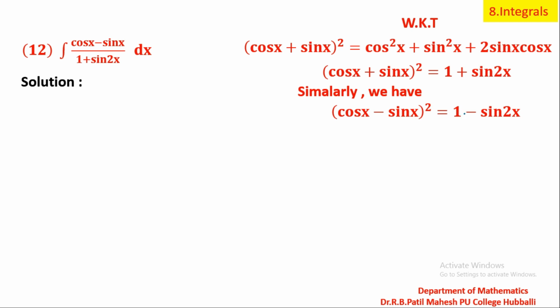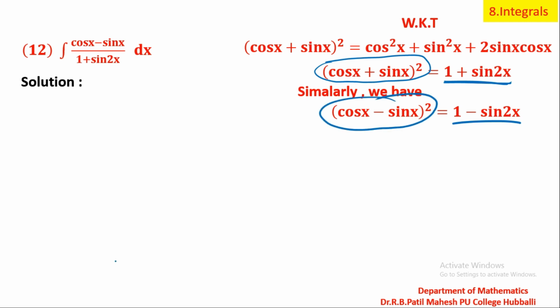So now onwards, add some formulas into your mind. 1 plus sin 2x is cos x plus sin x the whole square. 1 minus sin 2x is cos x minus sin x the whole square.